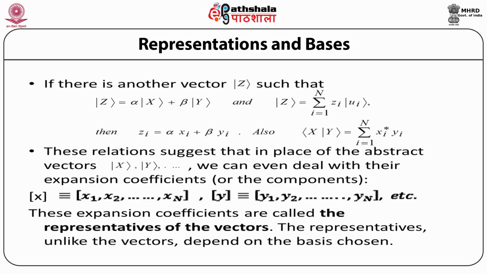These relations suggest that in place of the abstract vectors ket vector x, ket vector y, and so on, we can even deal with their expansion coefficients or components, where the components of x are x1, x2, and so on till xn for an n-dimensional space, and the expansion coefficients for y are y1, y2, and so on till yn.